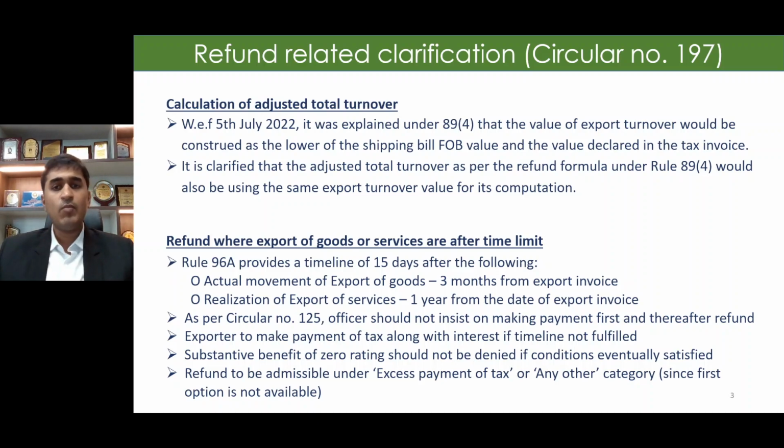Last but not the least, one more clarification which has come in is with regard to Section 42. As of now, I am required to give a declaration to the government that my ITC stands matched between what the supplier has uploaded versus whatever ITC I have taken. So that declaration I need to file along with the fact that my supplier has made the payment of taxes as per Section 16(2)(c).